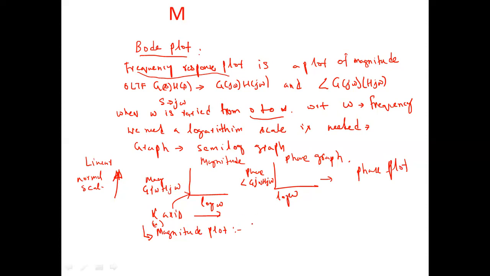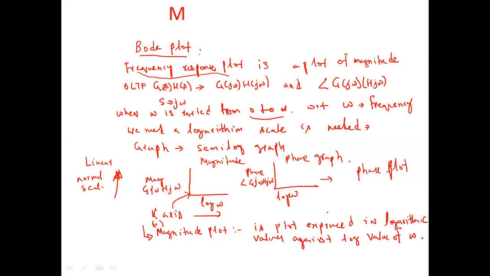So the magnitude plot is the plot of magnitude expressed in logarithmic values against logarithmic values of frequency, that is omega.